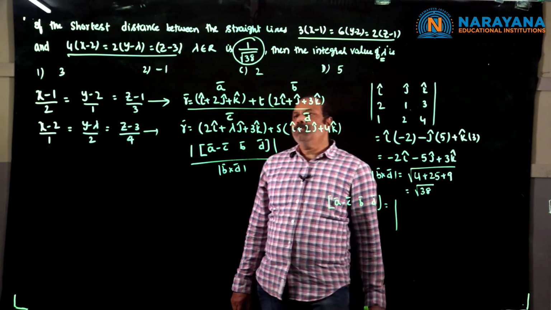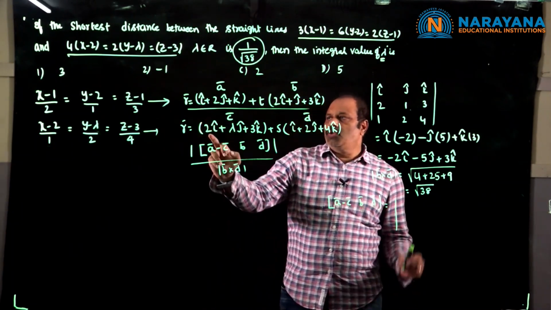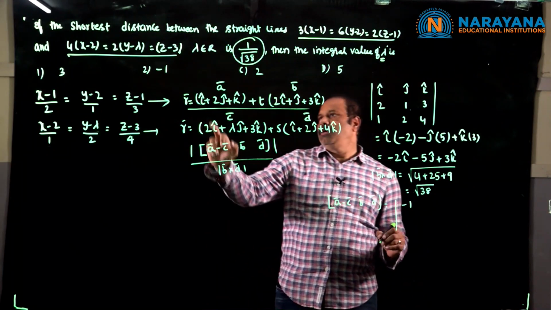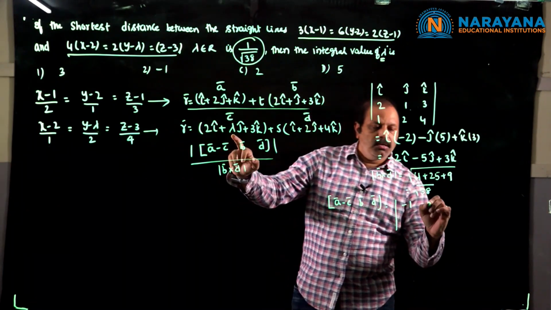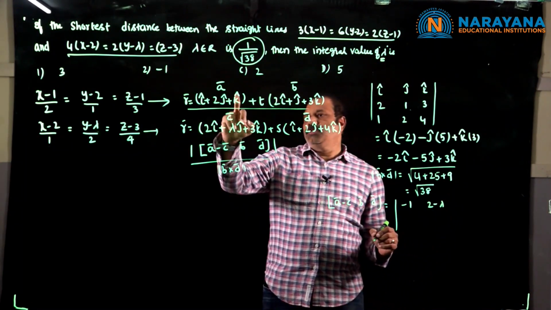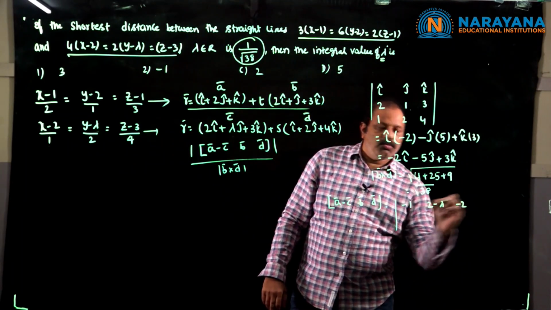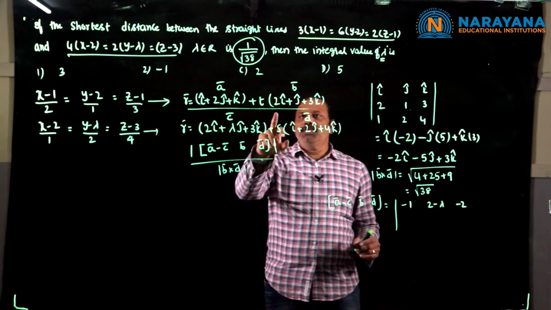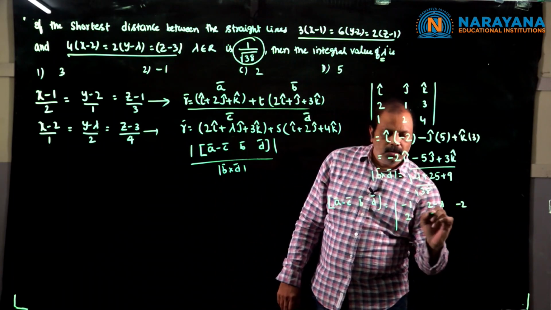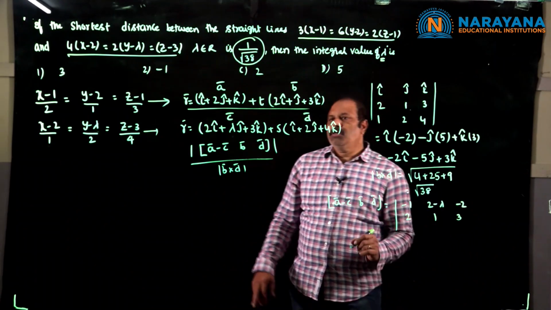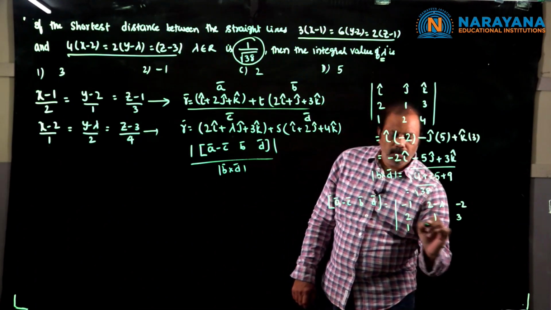This is equal to the determinant with first row 1 minus 2 is minus 1, 2 minus λ, next 1 minus 3, it is minus 2. Next B bar: 2, 1, 3. Next D bar: 1, 2, 4.